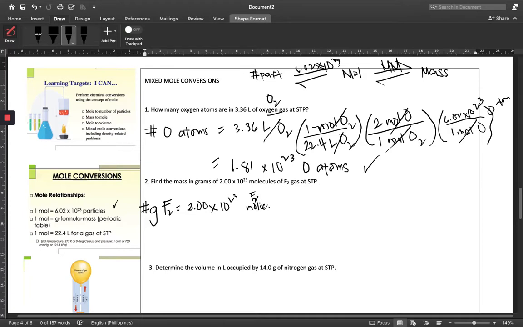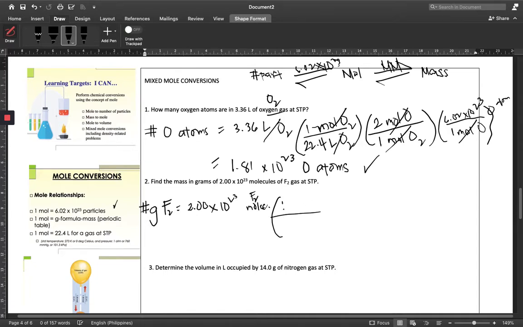Alright, so how do we convert it to the mass in grams? So we know that this is molecules, so we are given the number of particles. In order to reach the mass in grams, we need to go through the unit of moles. So the first step is converting the number of molecules into the number of moles.